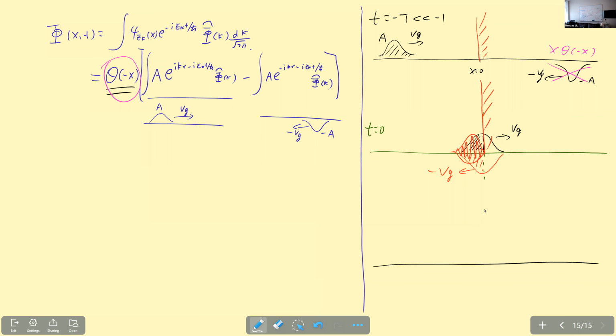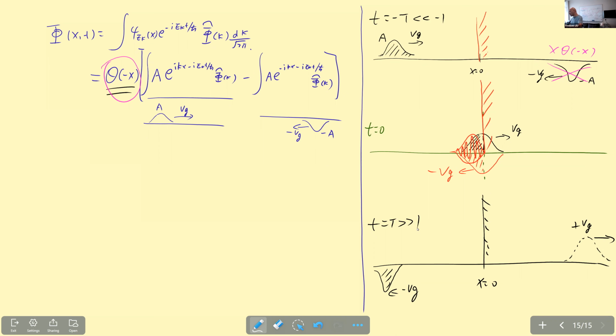Then let's look at the case in the far future. Again, you have the wall right here, x equal to 0. Now this particle will be moving right here with plus Vg in this direction, and you have another wave packet with minus Vg. This is the case t equals positive t, much greater than plus 1.